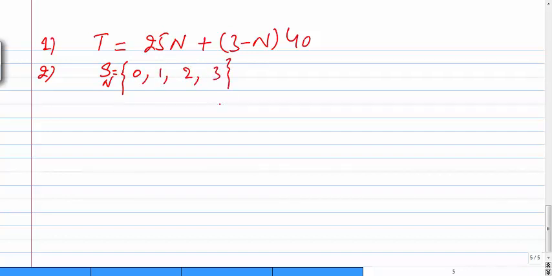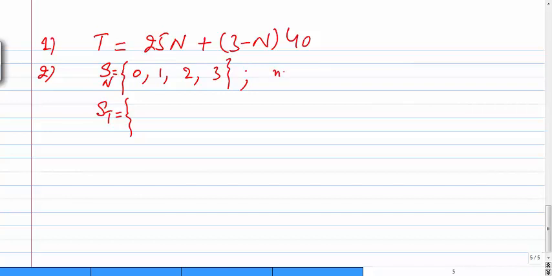So this is the range S of n. Now to calculate the range S of T, we have to write S of T here. Now we use this formulation. When we put 0 here, it becomes 0 plus 3 times 40, so if you do that, it's better to write here.